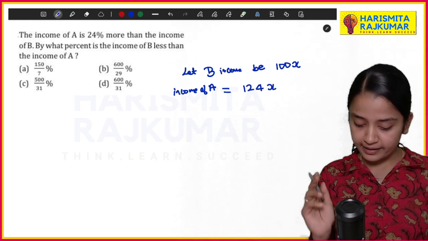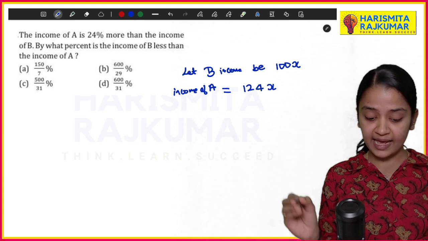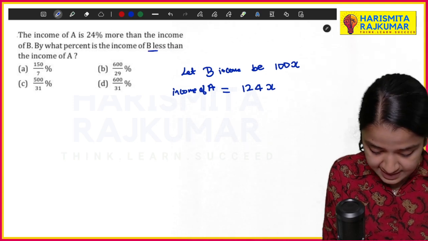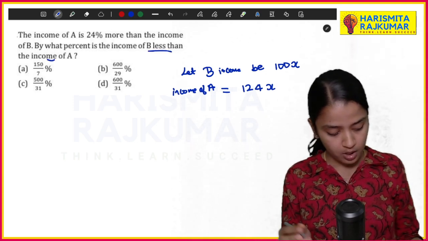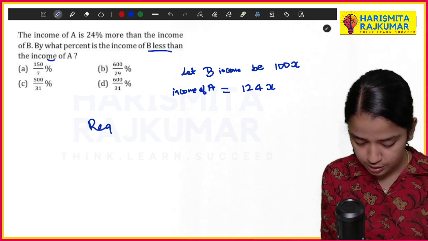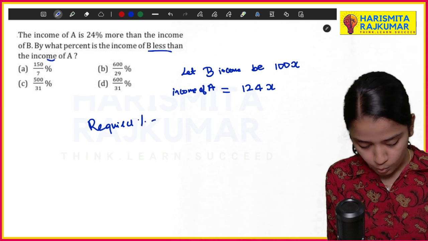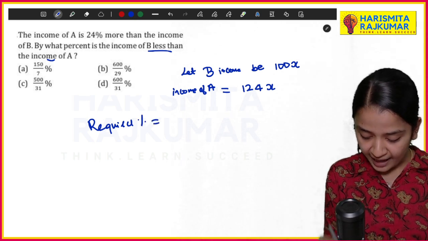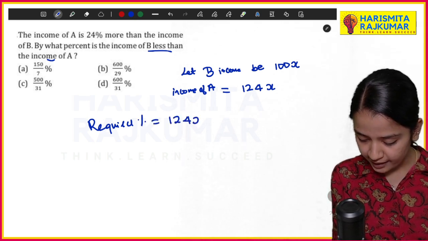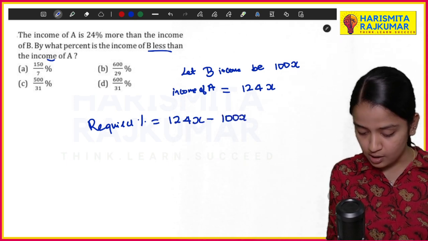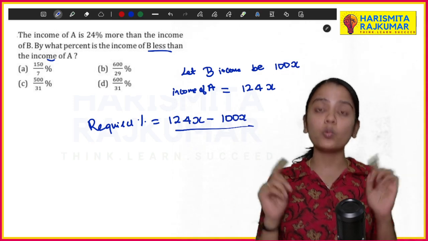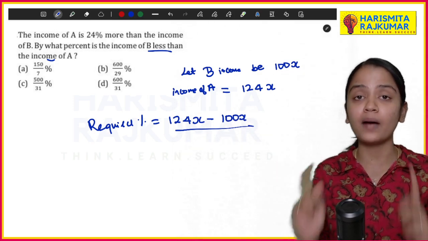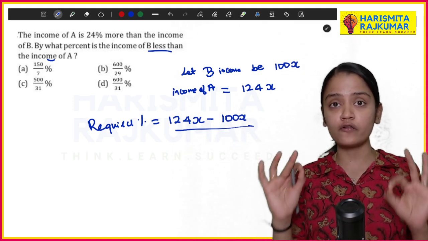Now, what percentage is B less than A? The required percentage will be 124x minus 100x, because there is a formula which I mentioned in the part 1 basic formula video of percentage.